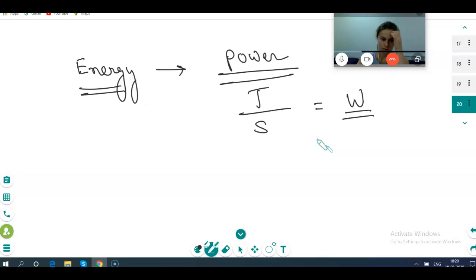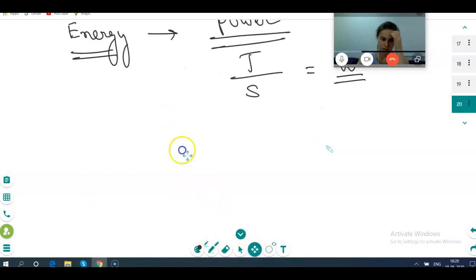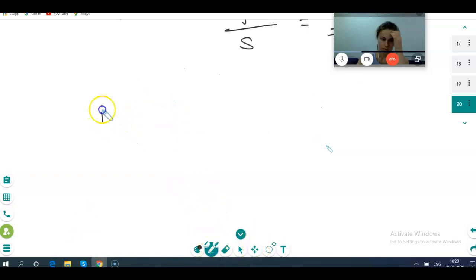I am taking more time, so the person who takes less time has more power, because he will do the work faster. Correct? You will say which machine is faster, it has more power.